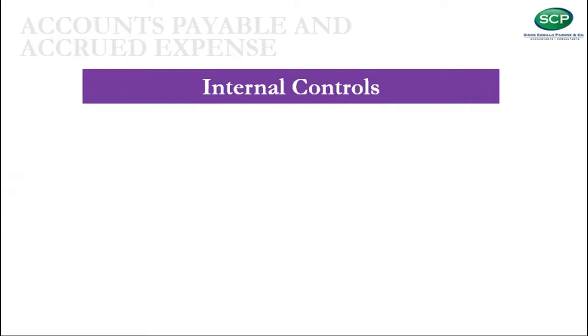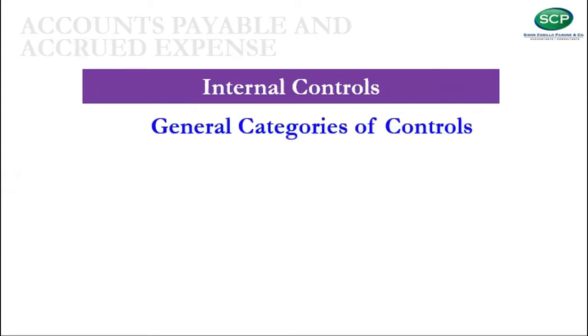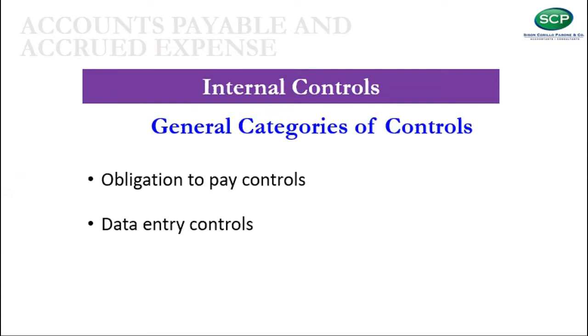Let's divide the basic internal controls into three general categories. One, obligation to pay controls. The second category is data entry controls. And the third category is payment controls. So let's briefly discuss each one of these.